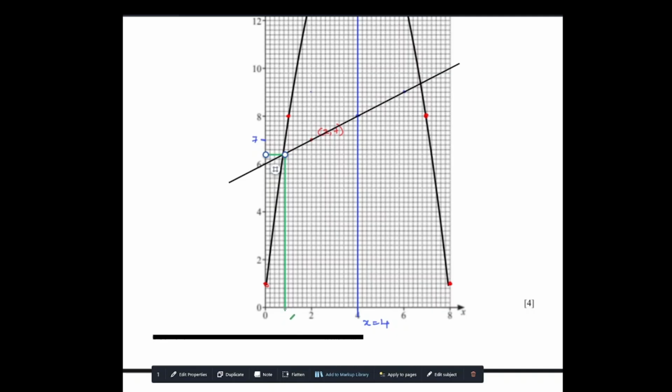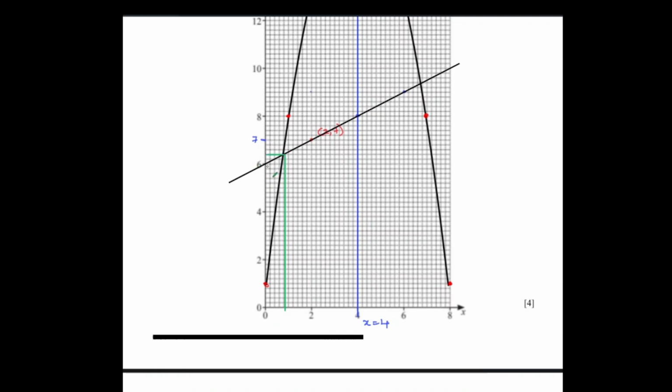So it is 0.8 because it is 5 boxes for 1 unit, so 1 box is 0.2. So it is 0.8 and this is 6.2, 6.4. So the point here is (0.8, 6.4).